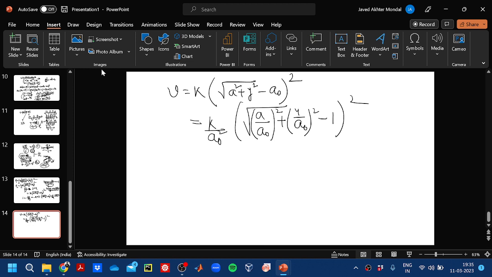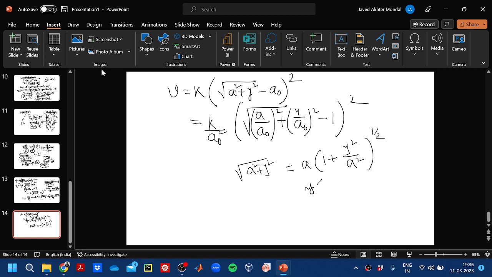And if we want to non-dimensionalize, so when we want to solve this numerically, we first have to non-dimensionalize it. Now for the small approximation, this square root of a square plus y square, we can write as a into 1 plus y square by a square to the power half.